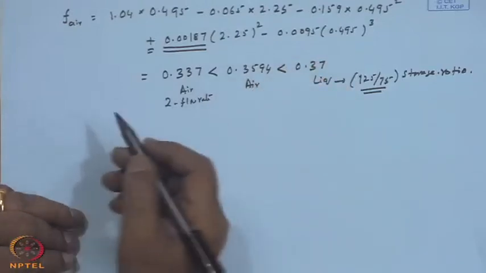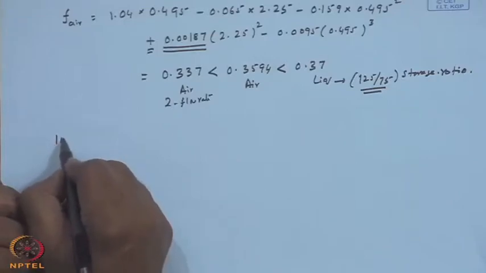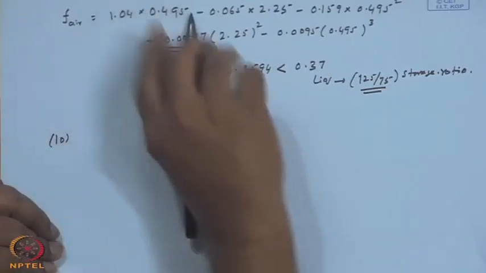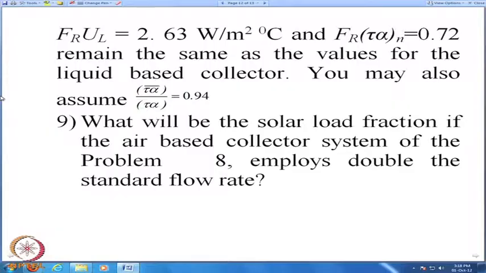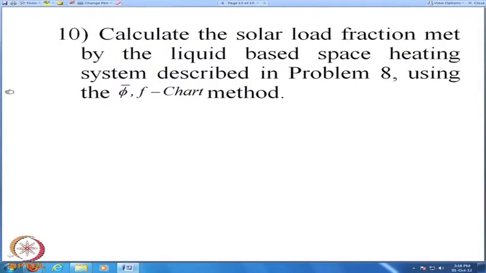Now, lastly, this is problem number 10, which should bring us close to these exercises on F chart and phi bar F chart.